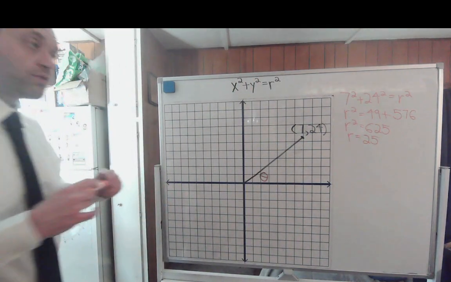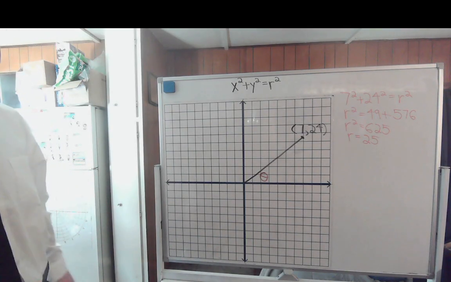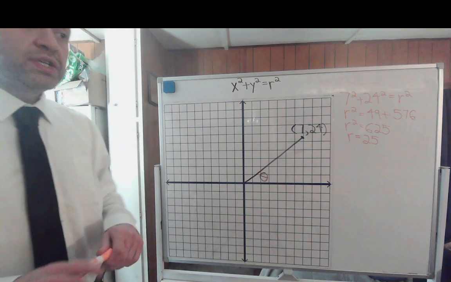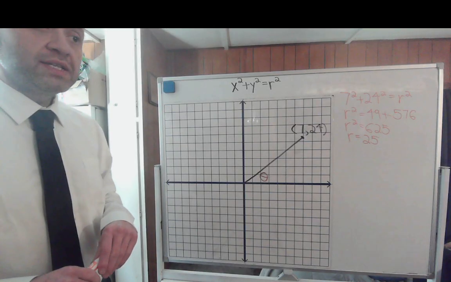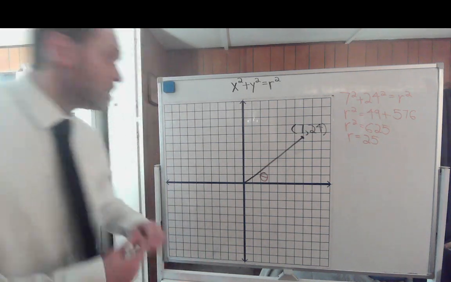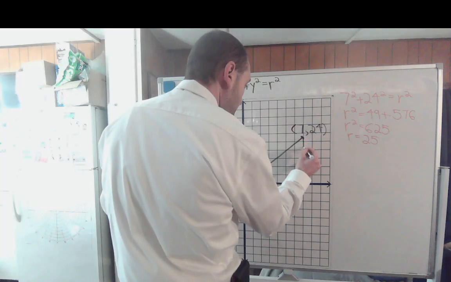That's great. We know the radius, so what are we going to do with that? Since we're in the first quadrant, this is easy. What you want to do once you've found your radius is make yourself a right triangle. So go ahead and make yourself a right triangle.